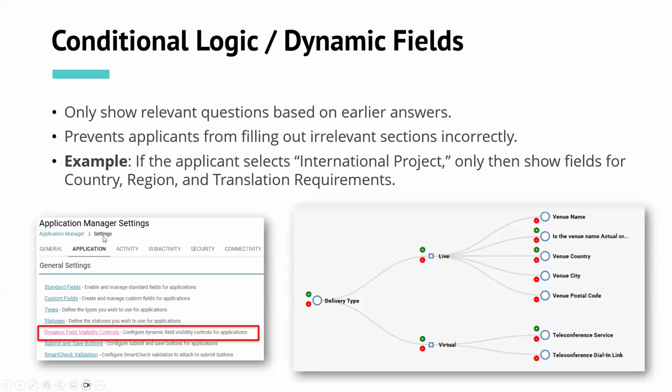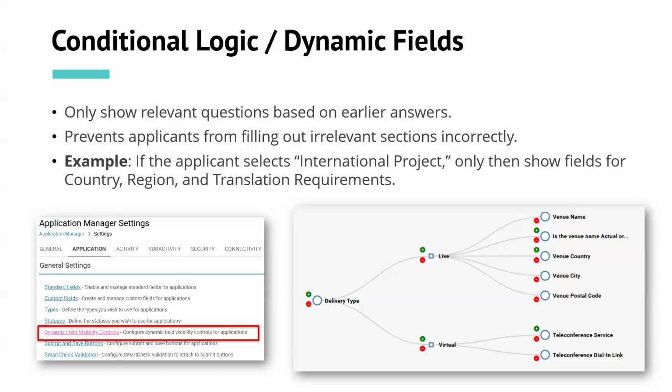So it's in the config settings of the UTA. If you wanted to add a dynamic field visibility control to an application, you would do it in the application tab. You can also enable them on activities like payment records or progress reports, and those would be in the activity tab right there. So it just depends on where you want to add it.